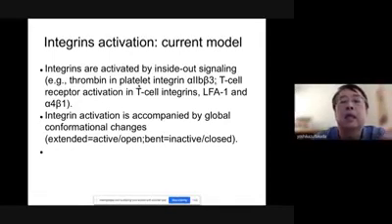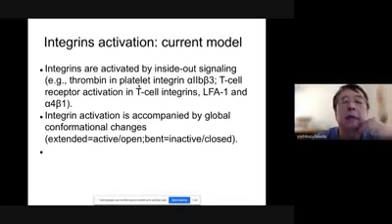And then that induces many immune cell activations, many immune processes. That is very important, but they have to be inactive. So something like thrombin or T cell receptor cross-linking triggers integrin activation.